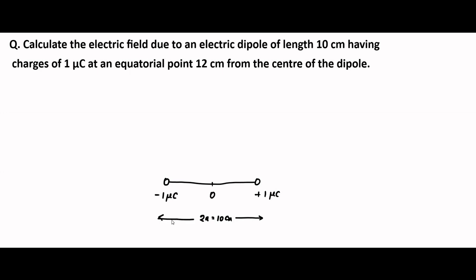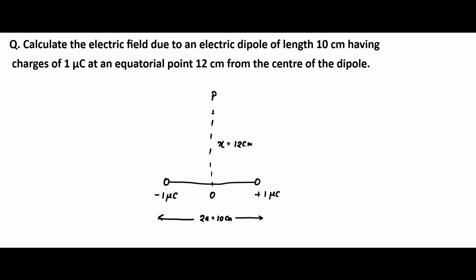From the midpoint or the center of the dipole we have to find the electric field at a point here, let's say, which is at a distance of 12 centimeters. So this is the equatorial line.